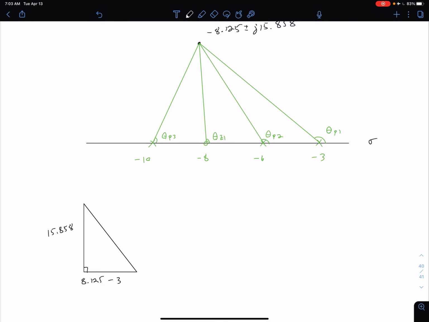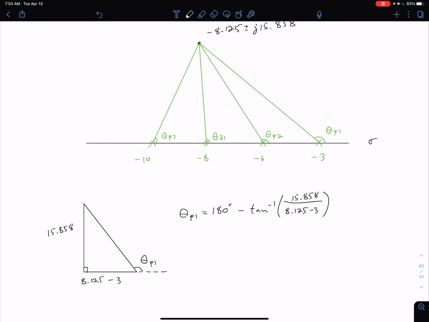Our angle of interest is outside the triangle, so it's going to be this angle here, theta P1. As we saw previously, theta P1 is equal to 180 degrees minus the inverse tangent of the opposite over adjacent, where we have 15.858 divided by 8.125 minus 3.